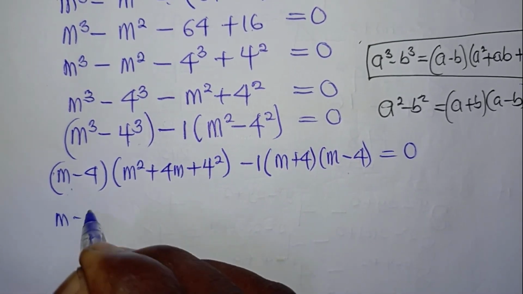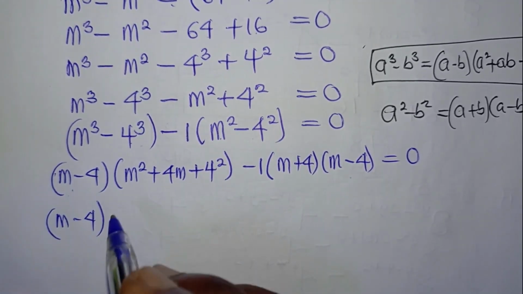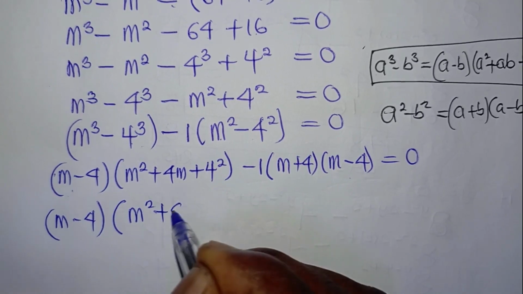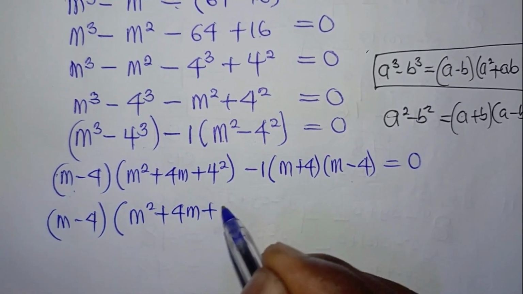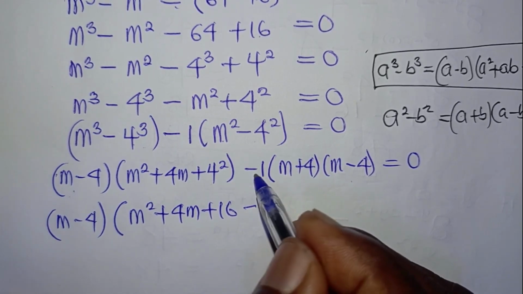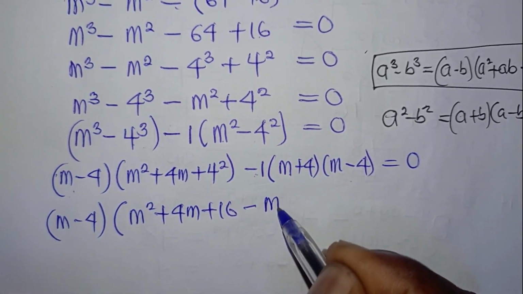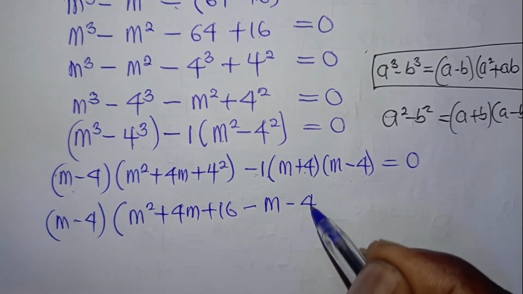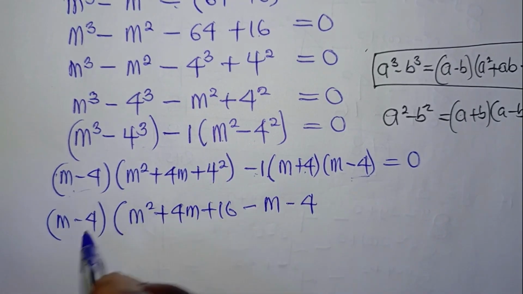So we have m minus 4, brackets open the brackets again. We are left with m squared plus 4m plus 4 squared, which will give us 16, minus 1 times m will give us minus m, and here 1 times minus 4, plus 4, will give us minus 4. Remember, this one is factorized out, so it's not there again.